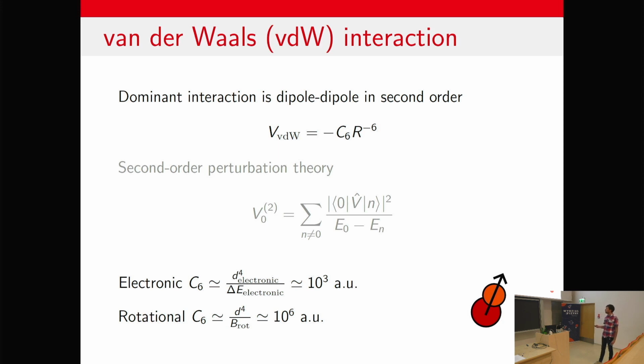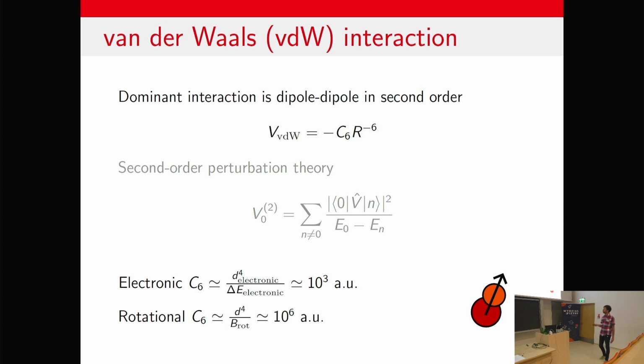If you plug in typical numbers, basically the dipole moment to the fourth divided by some typical energy difference, then for electronically excited states you get C6 coefficients of 1,000 to 10,000 atomic units, which is much smaller than what you get for coupling to rotationally excited states, simply because these are spaced by a much smaller energy difference.